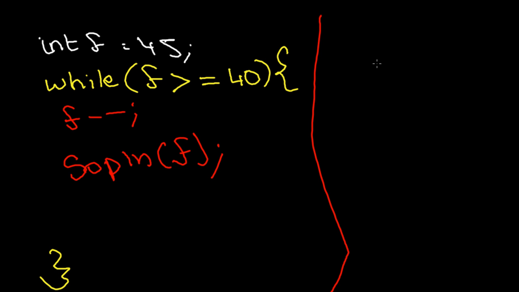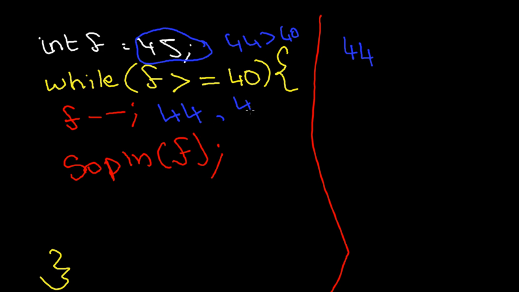Okay, so while f is greater than or equal to 40, f is initially 45. So it will go in, f will become 44, and here it will print 44. It will come out, go back in, f is greater than or equal to 40? Yes, 44 is greater than 40. F becomes 43. It prints 43. Now 43 is greater than 40, so now it becomes 42.